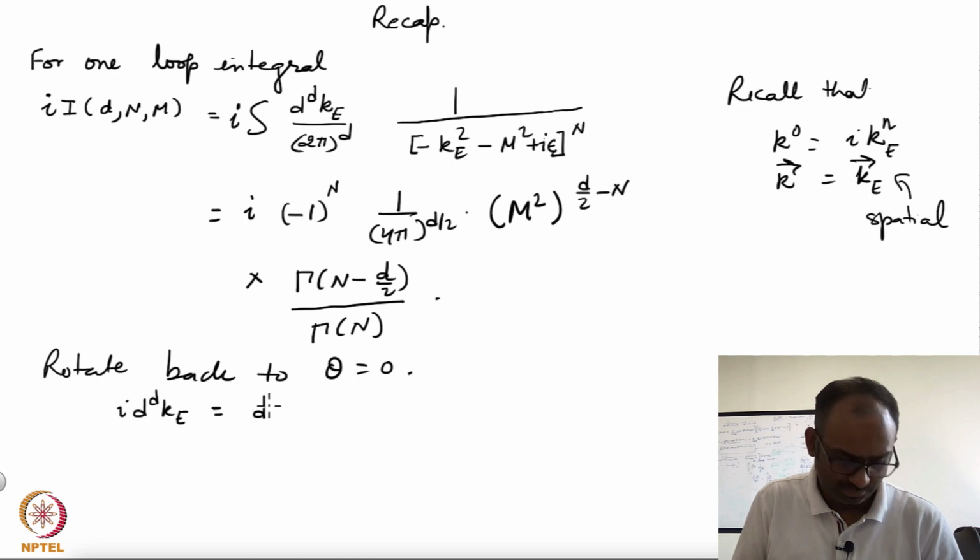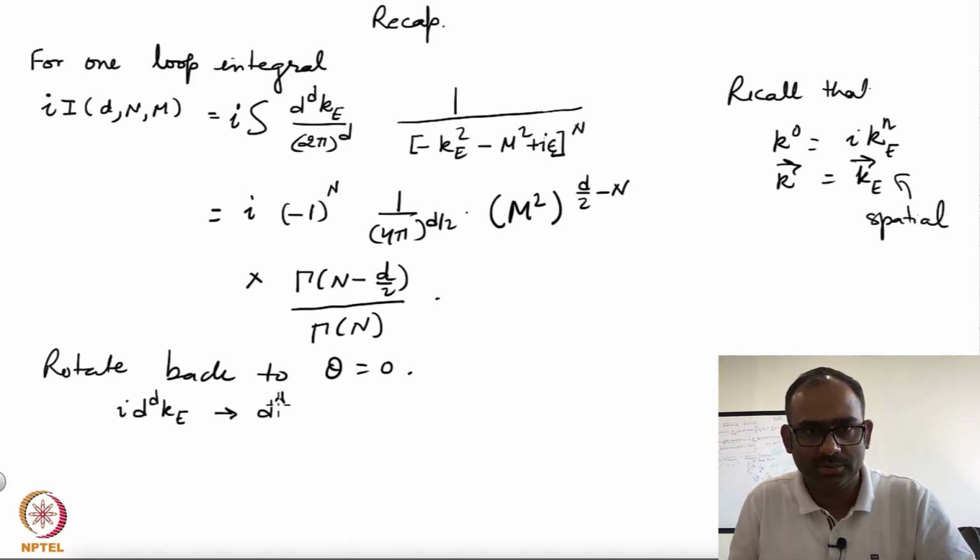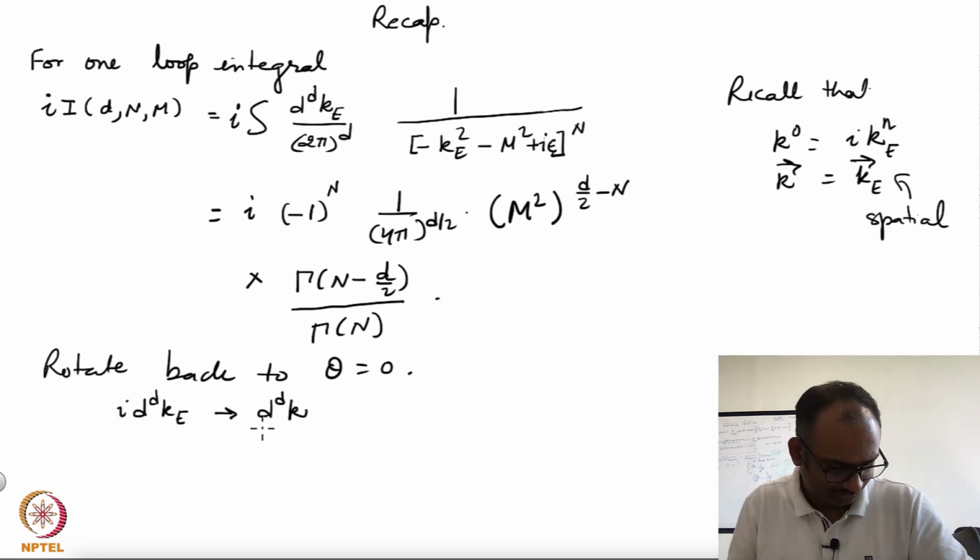So, that goes back to d^d k. Okay, this is Minkowskian on the right hand side.